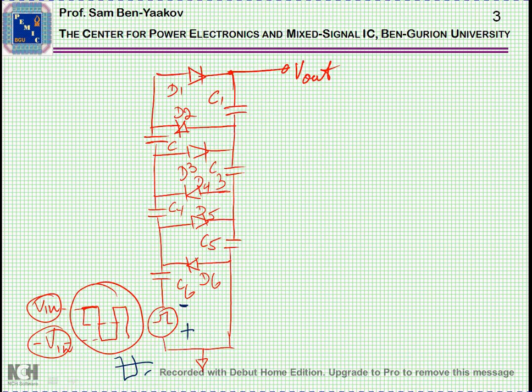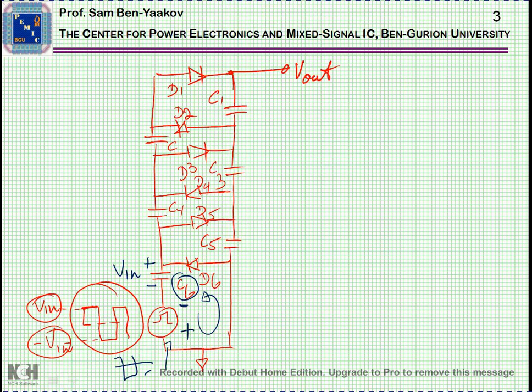Now, as you'll see, the path is open. The diode can conduct because there is a positive voltage here, and being a square wave, if there is sufficient time, this capacitor C6 will be charged this way to V in, to the voltage of this source.